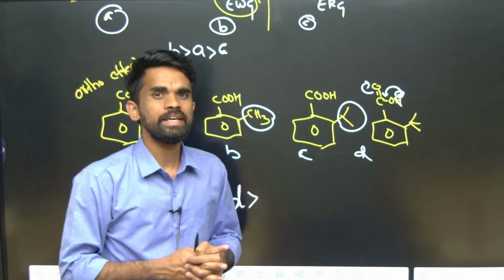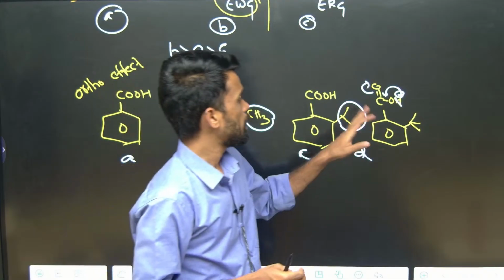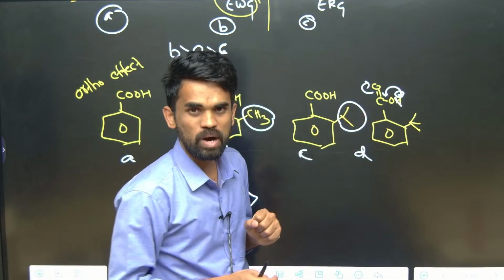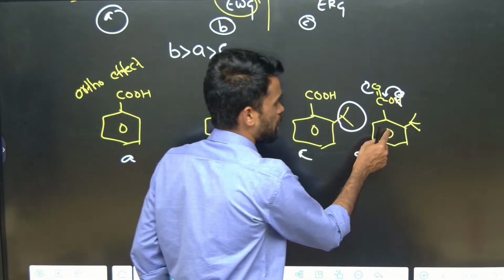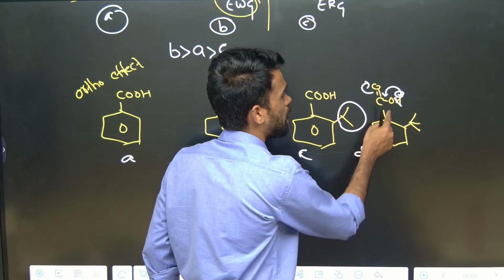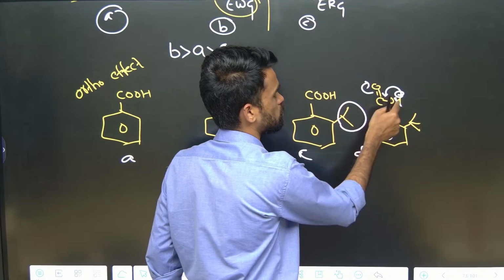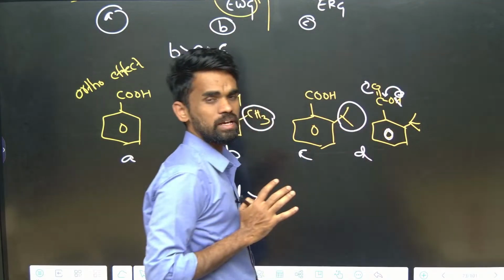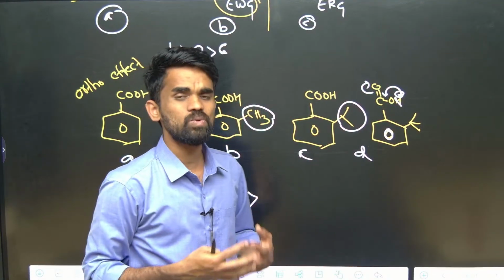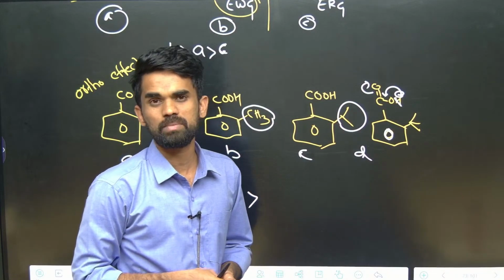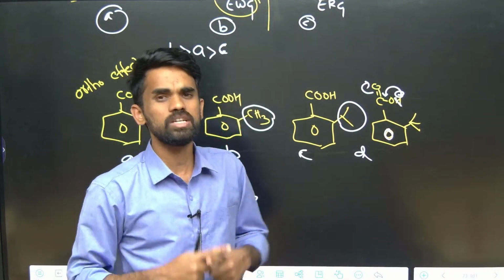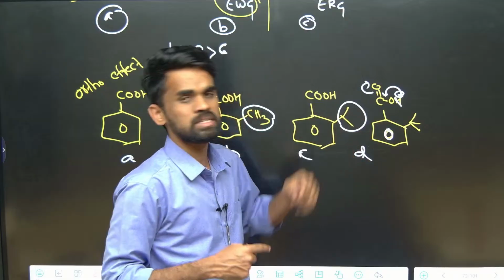But in aromatic rings, the pi electrons of this benzene also interrupt the resonance between these two equivalent conjugations. So we can say cross conjugation is taking place, and due to that, the stability of the conjugate base decreases.